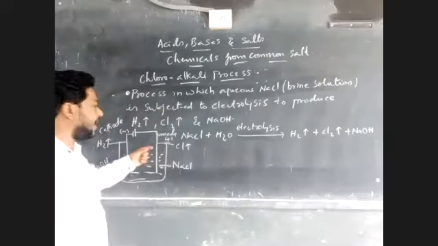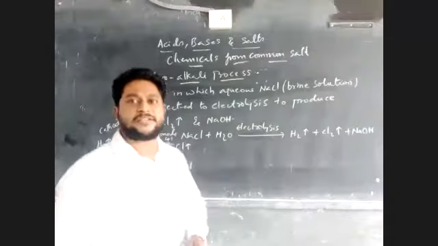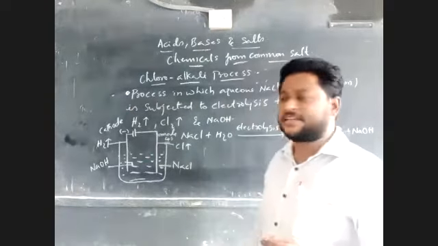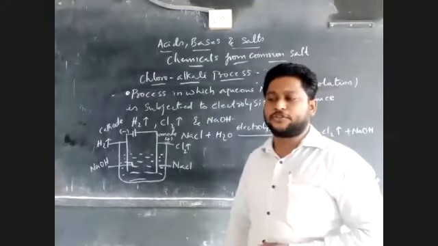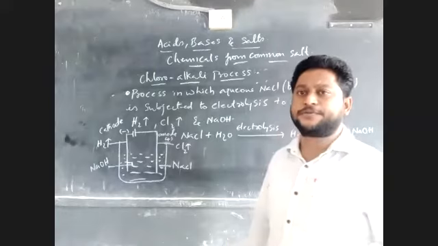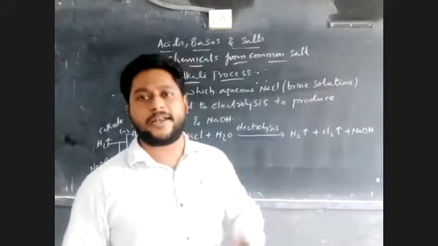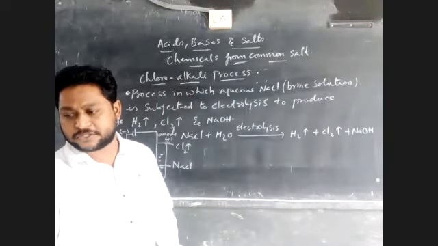Hydrogen gas evolution takes place at the cathode, and chlorine gas evolution takes place at the anode. This is the chloroalkali process.